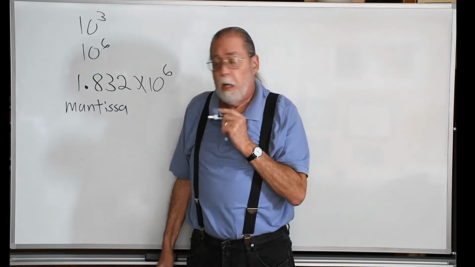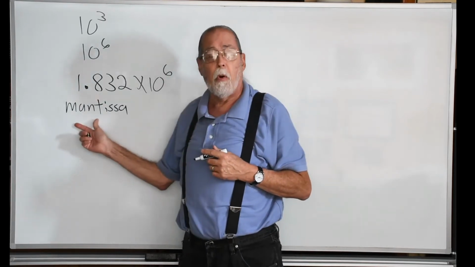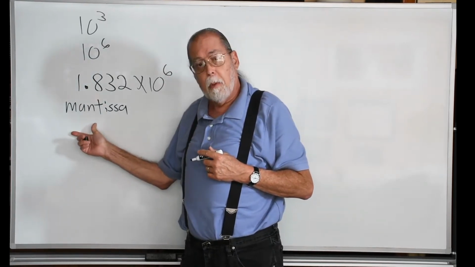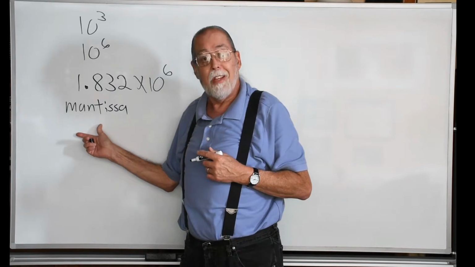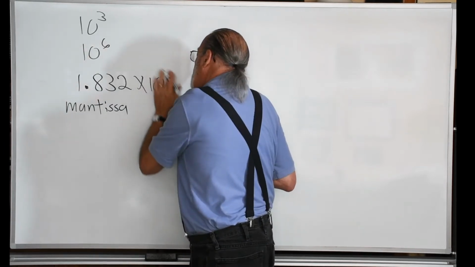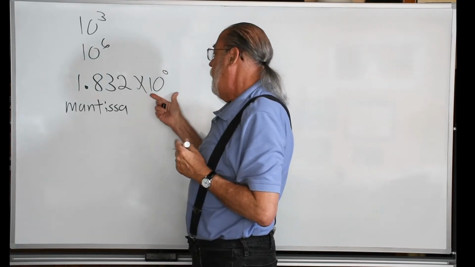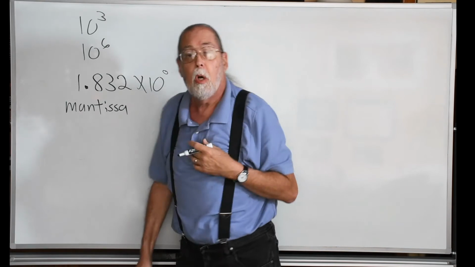Specifically, if the exponent is positive when it's in standard form, the number is larger than 10. If it is 10 to the 0, of course, this is 1, and the number is equal to the mantissa.